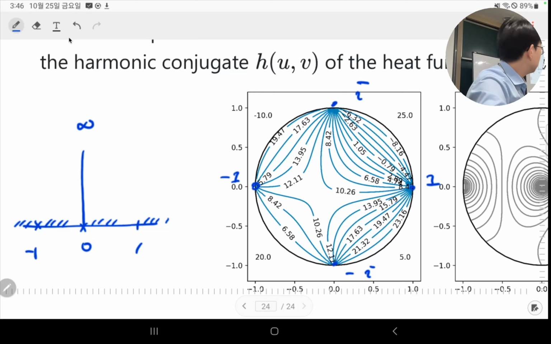So you can imagine that if you have the map between this disk and the upper plane, it opens up here and somehow covers the entire upper plane.